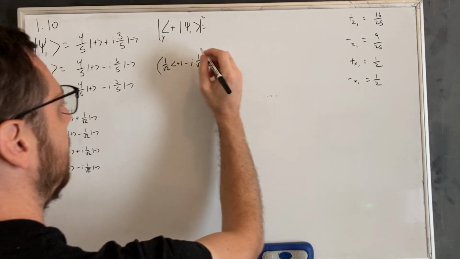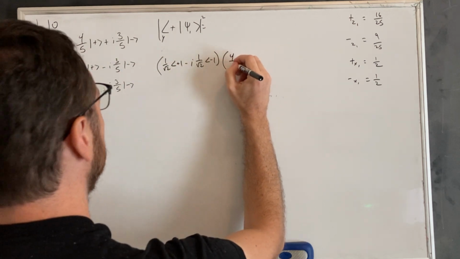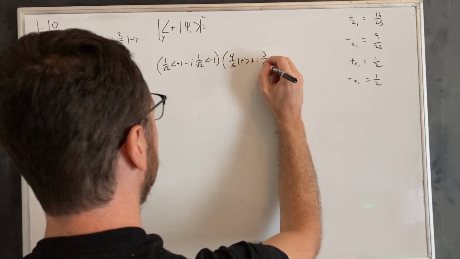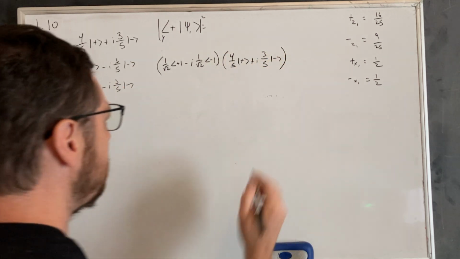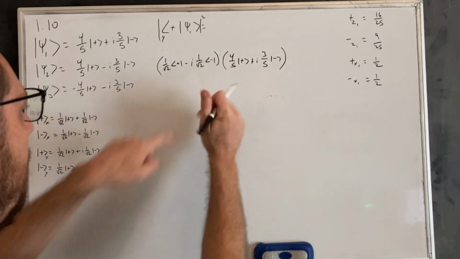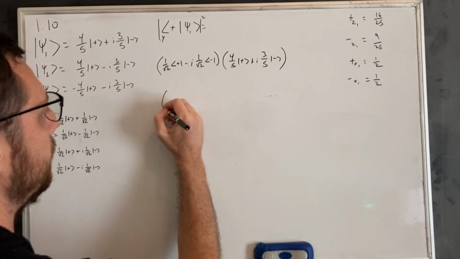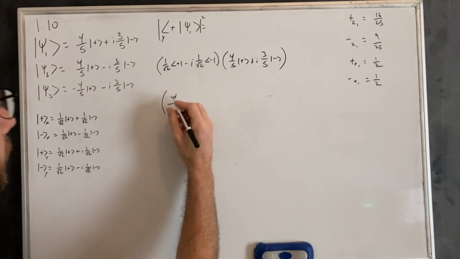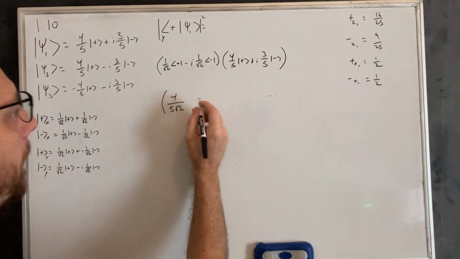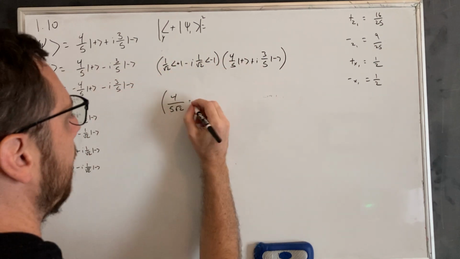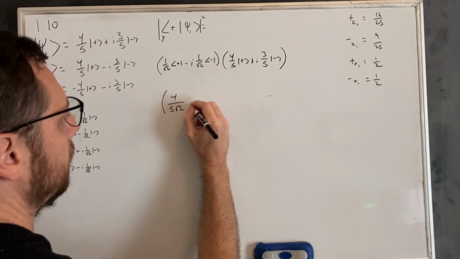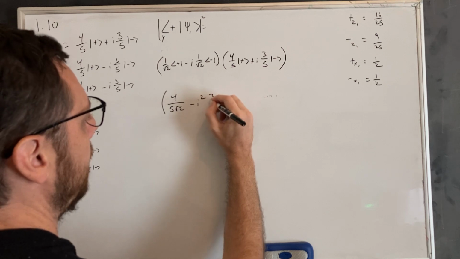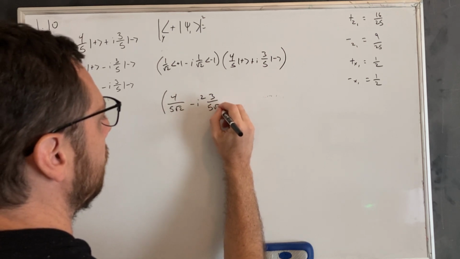Okay. And then our state here is going to be, again, 4 over 5 up plus i 3 over 5 down. Should be getting the hang of this by now. Up and up is going to be 4 over 5 root 2. Everything cancels except for this. So we have a minus i squared 3 over 5 root 2.